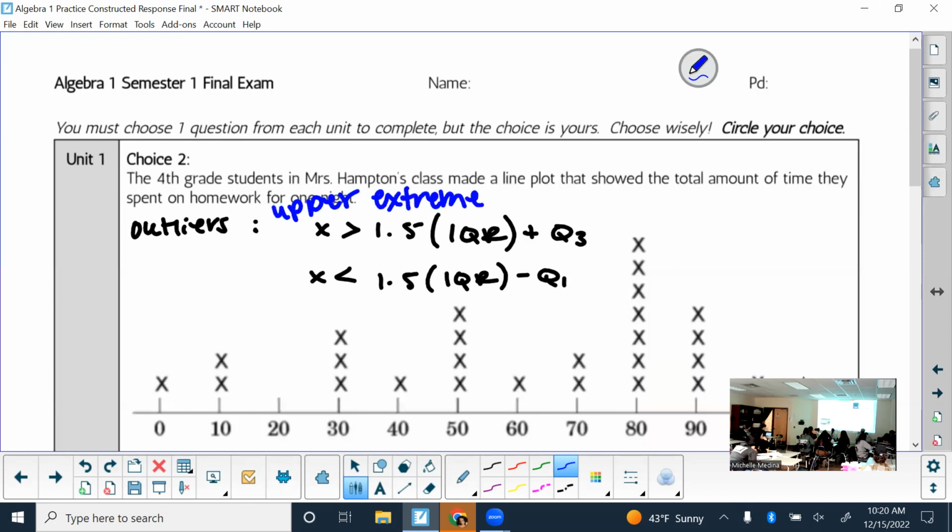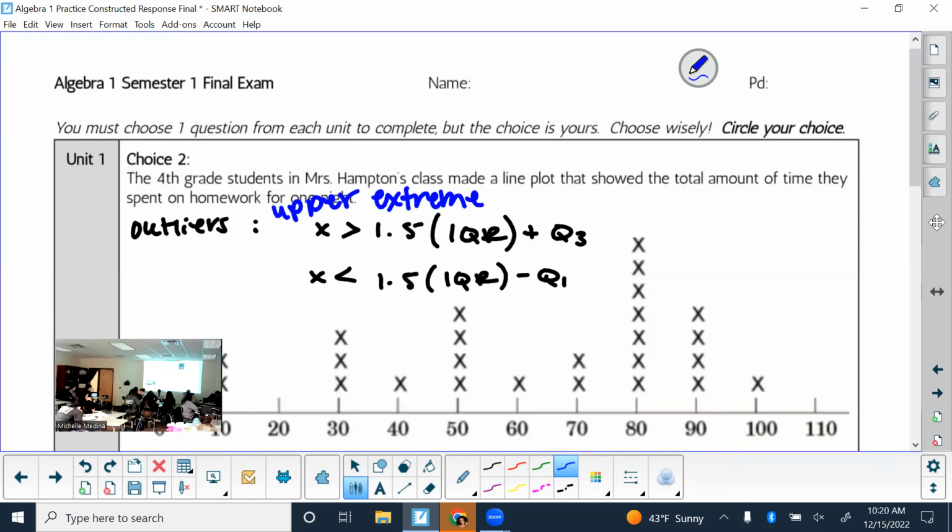So that you would use to test numbers that are to the far right of the rest of the data, because if it's 1.5 times the IQR plus the third quartile over, then it's an outlier. And then the other one would be for a lower extreme that you're testing.